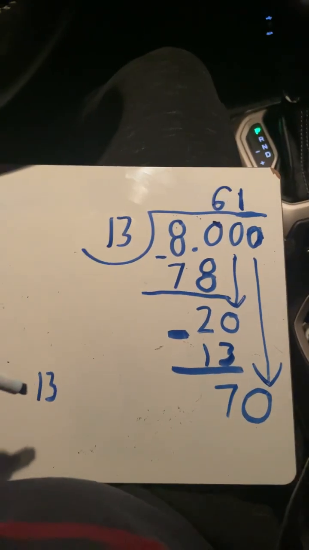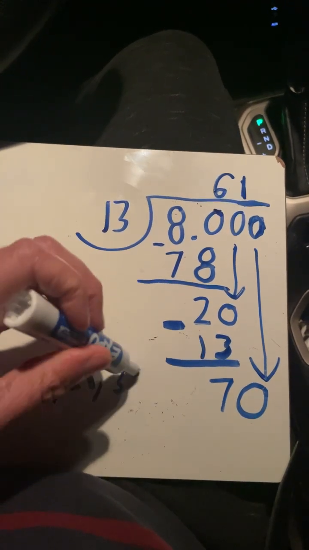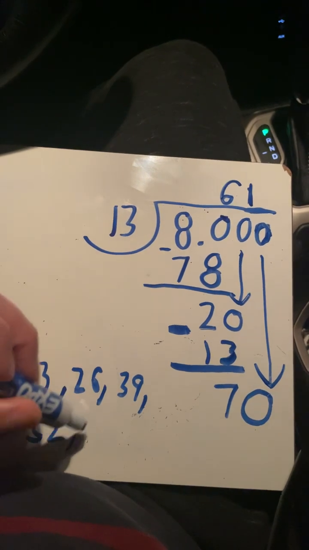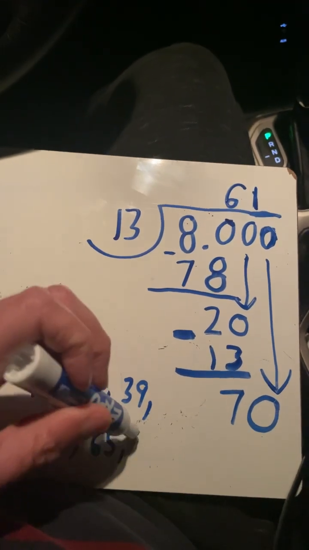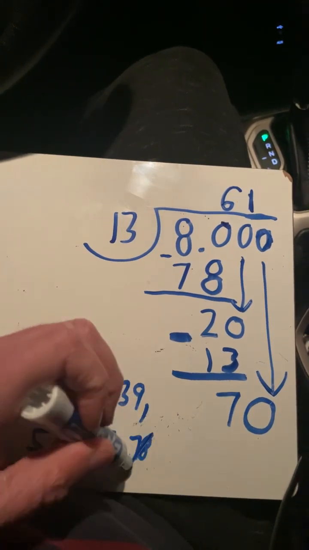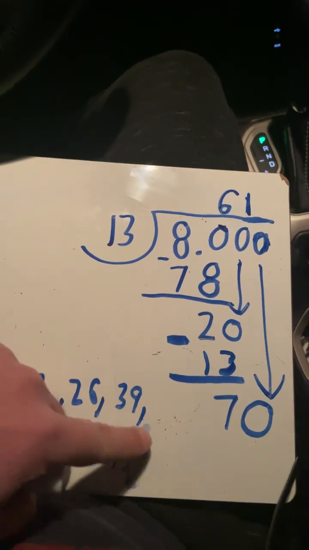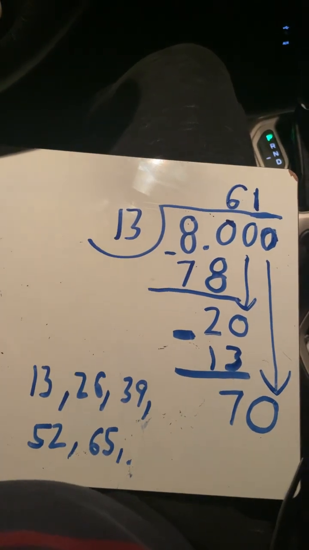All right, here we go. 13, 26, 39, 52, 65. Now if I go to 78, that's too far. 78 is more than 70, so we can't go to 78. But we want to figure out how many groups of 13 I was able to get within the number 70 without going over.